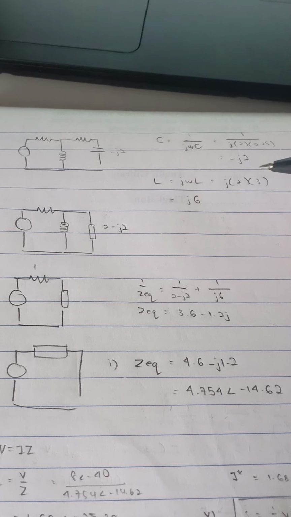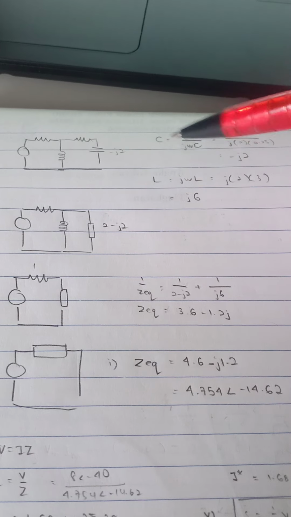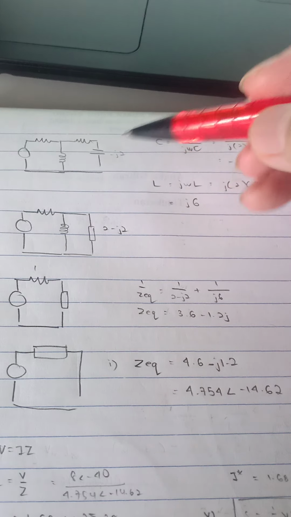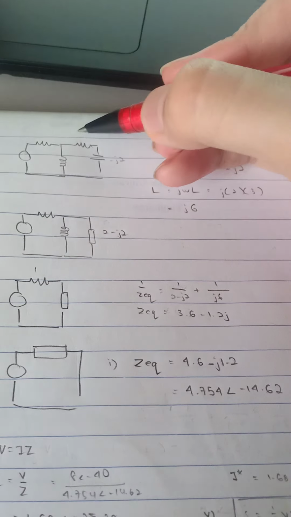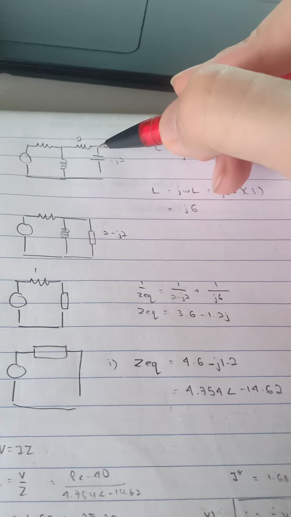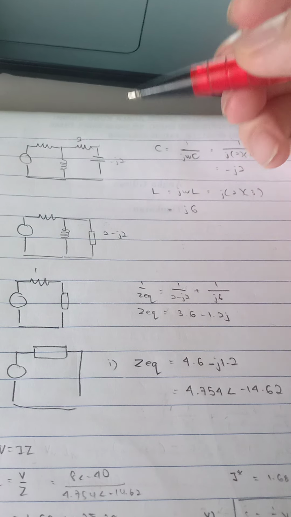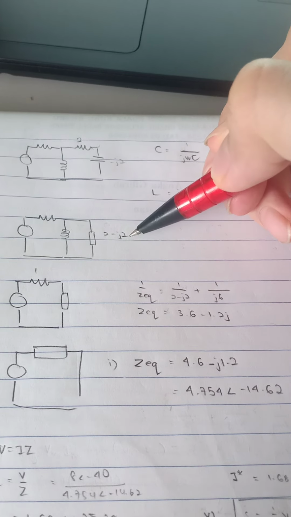So we draw the circuit and put the value we get just now. This is negative j2, this is 2 ohm, so this is series, so just add it together, 2 minus j2.